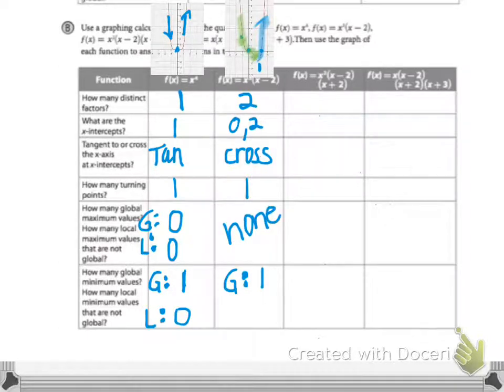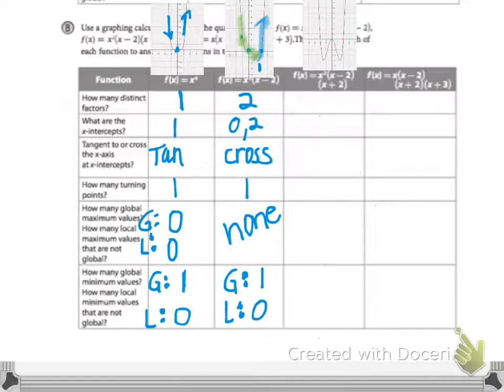And there's one global minimum because that's as low as it ever gets. It's not going to turn back around, right? So that would be considered a global minimum. There is no local minimum. There's just one absolute. Okay, next one.